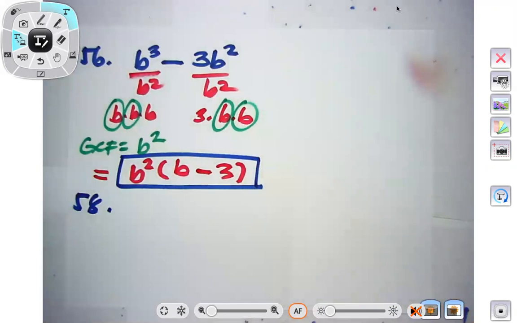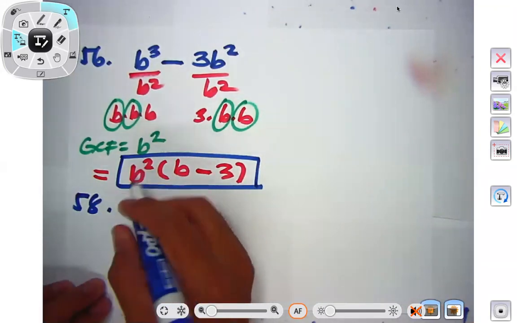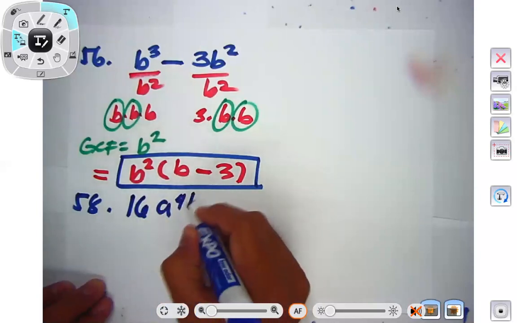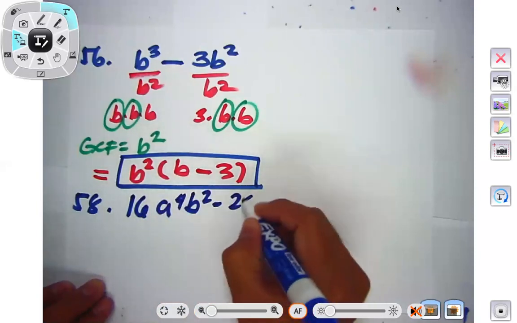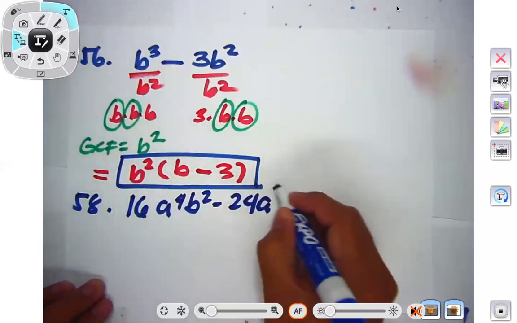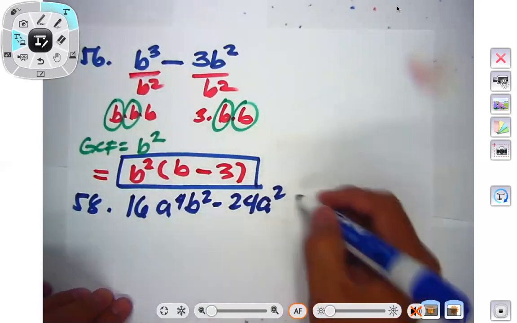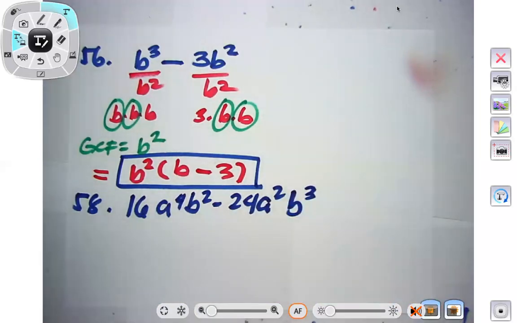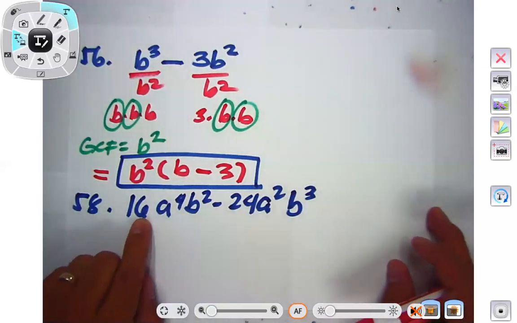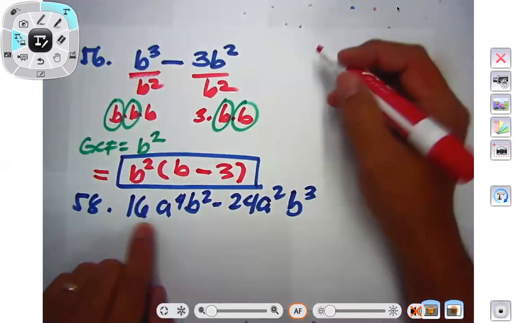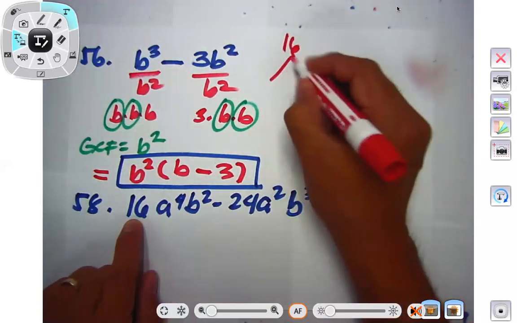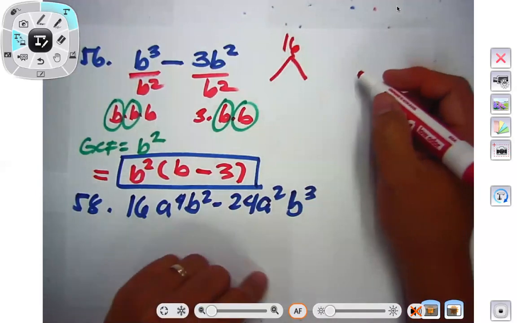All right, let's try another one. Number 58. You have 16a to the 4th b squared minus 24a squared b cubed. So let's get the prime factors of each term. 16: what two numbers will give us a product of 16?